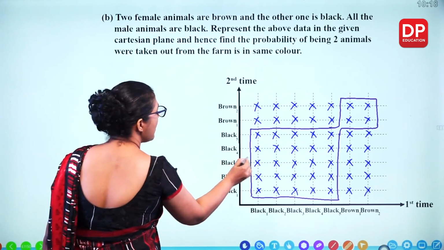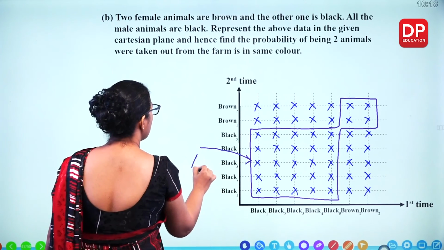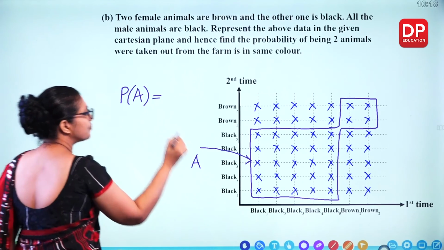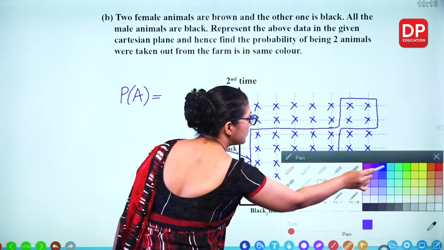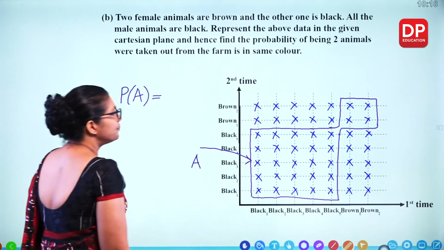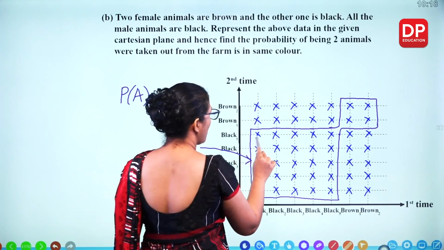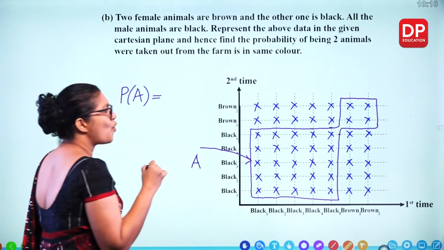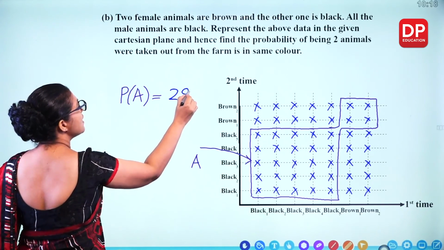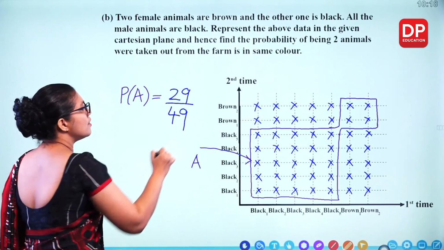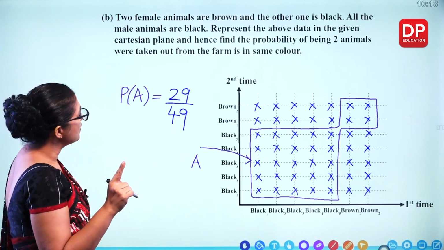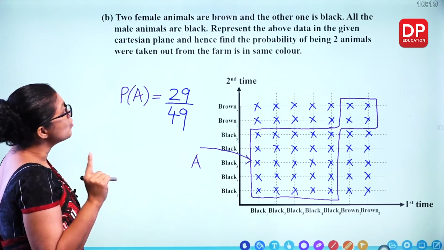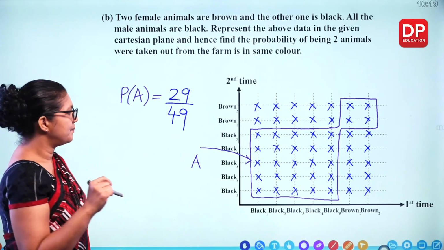So we'll call this A or something, this part. So probability of A, getting the same color. How many? 1, 2, 3, 4, 5. 1, 2, 3, 4, 5. 25 plus 4. 29 out of 49. 7 times 7. So that's the probability of getting two animals with the same color.